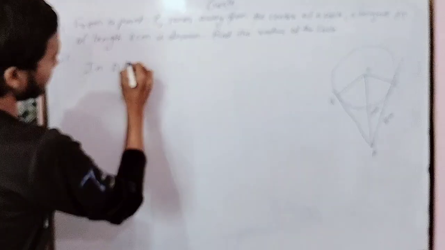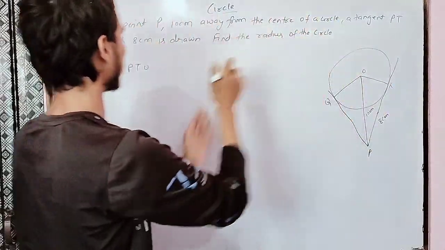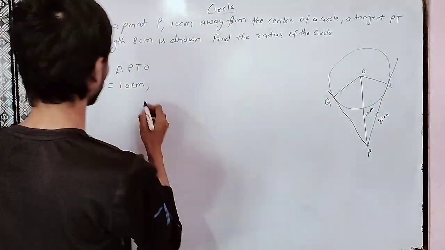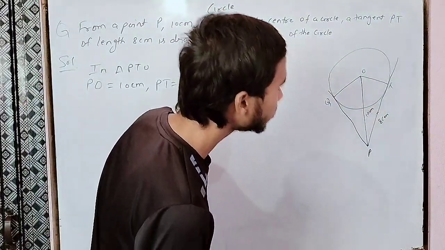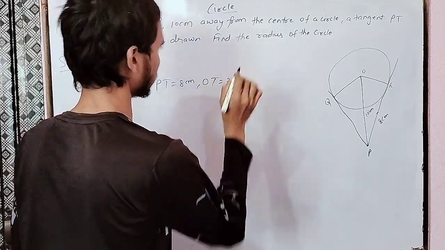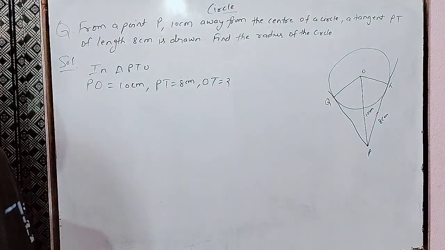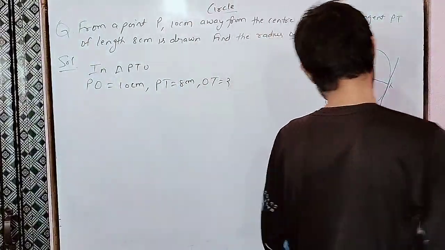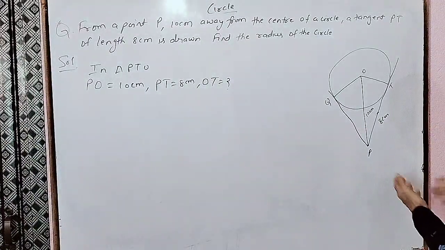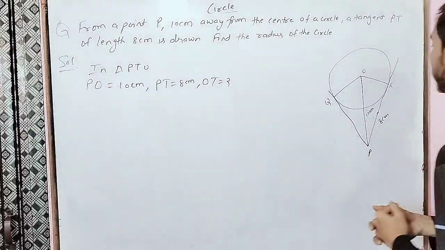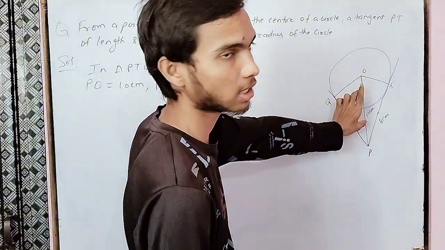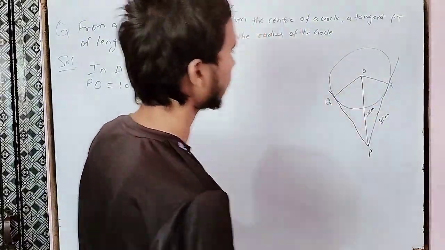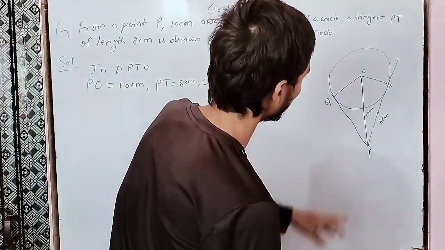In triangle PTO, the measure of PO is 10 centimeter, the measure of PT is 8 centimeter, and we don't know the measure of OT, which is what we have to find. Here we can use the Pythagoras theorem, because it is possible to use it. We can find the measure of this. Here this will be considered the hypotenuse.